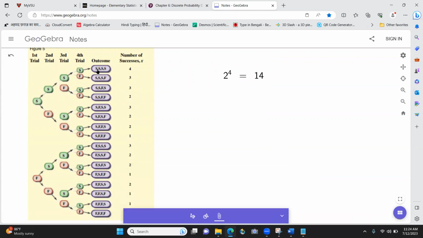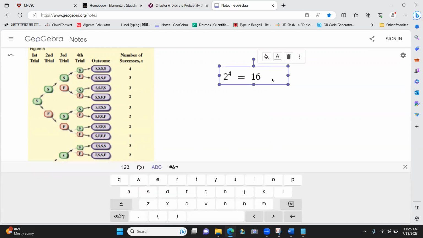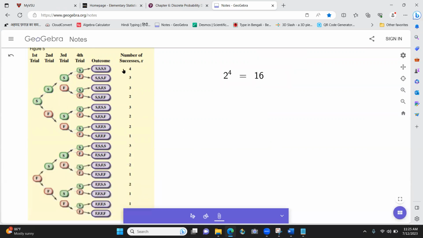So here, what's the probability? Out of four, let me count: 1, 2, 3, 4, 5, 6, 7, 8, 9. So this is 16, my bad. Four successes, three successes, two successes, and so on.